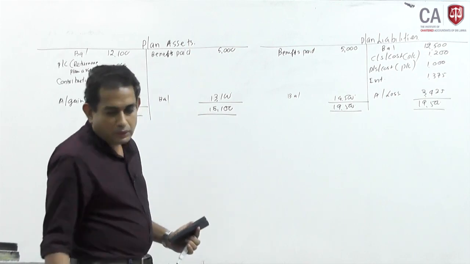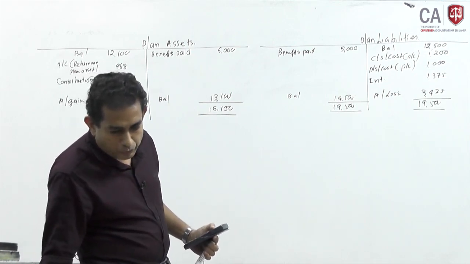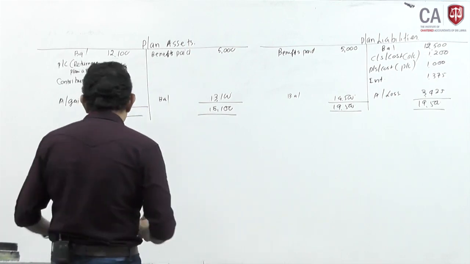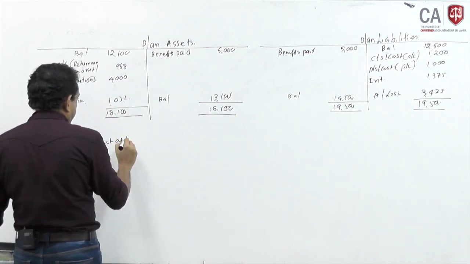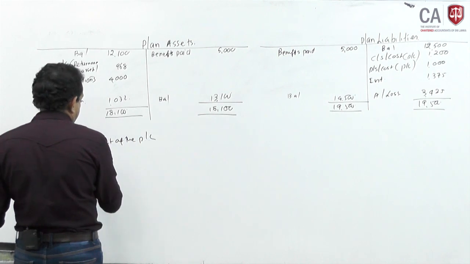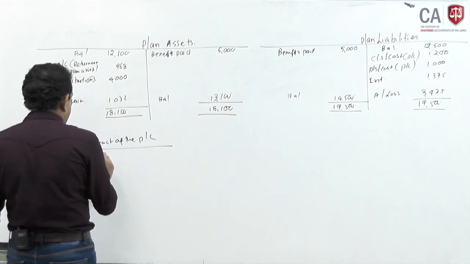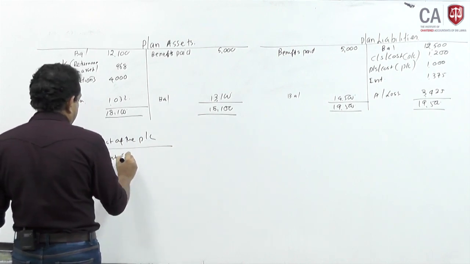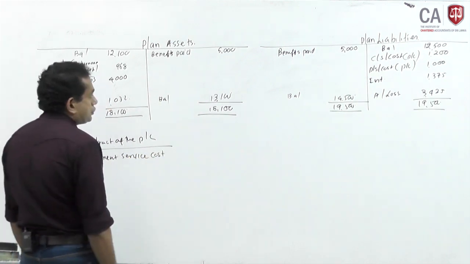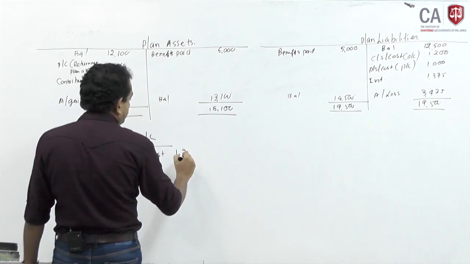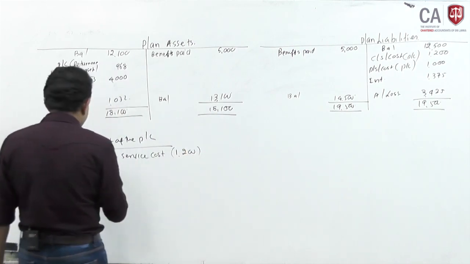Then just see the items to be recognized in profit and loss. Extract of the profit and loss. Current service cost, 1,200, should be a debit to profit and loss.